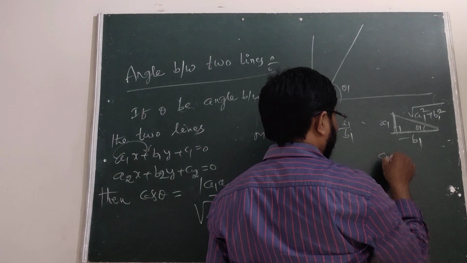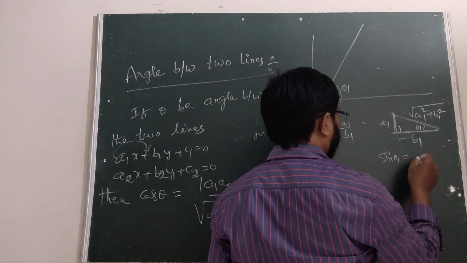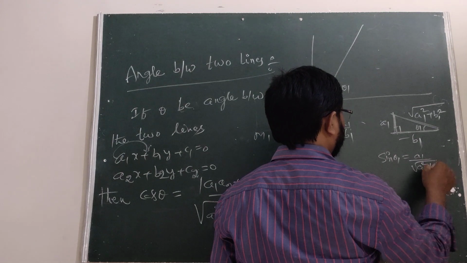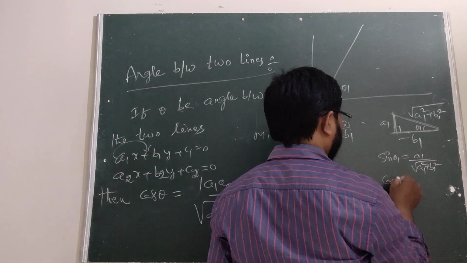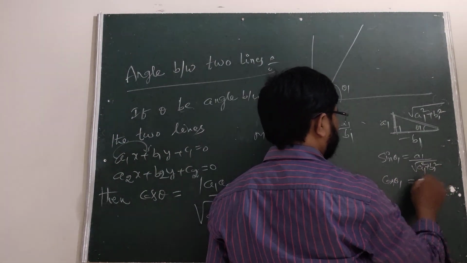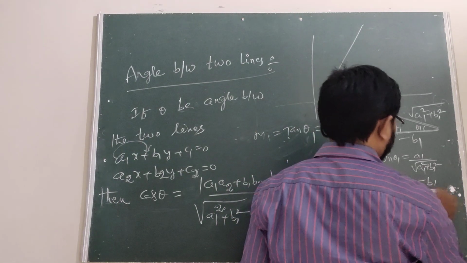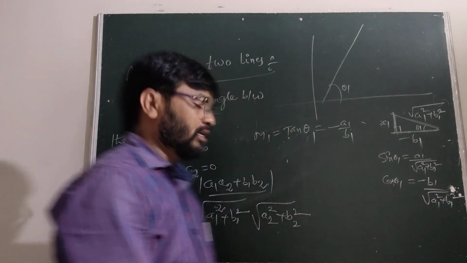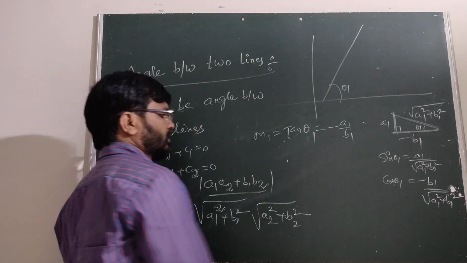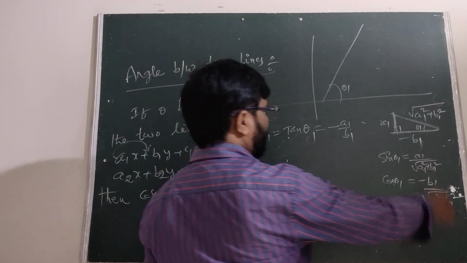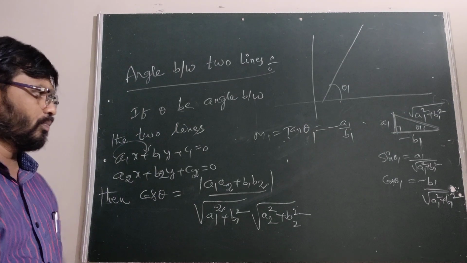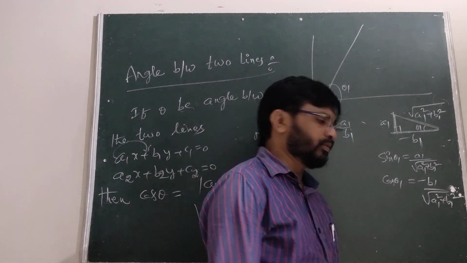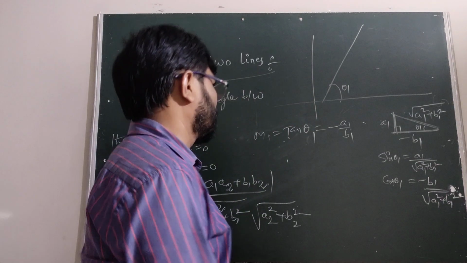From this, we get sin theta 1 is a1 by root of a1 square plus b1 square. Cos theta 1 is the adjacent side, minus b1 by root of a1 square plus b1 square. Similarly, we get sin theta 2 is a2 by root of a2 square plus b2 square, and cos theta 2 is minus b2 by root of a2 square plus b2 square.